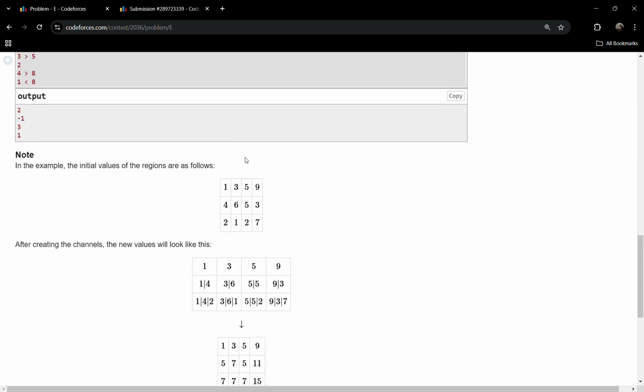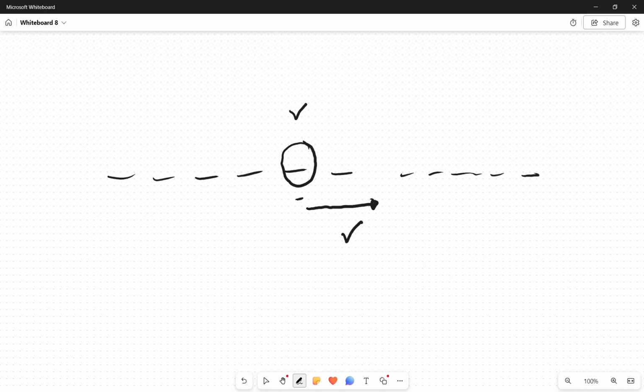Why binary search? We apply binary search when, suppose this is our array, and suppose this is the first element to satisfy the condition, and all the other elements after it also satisfy the condition.